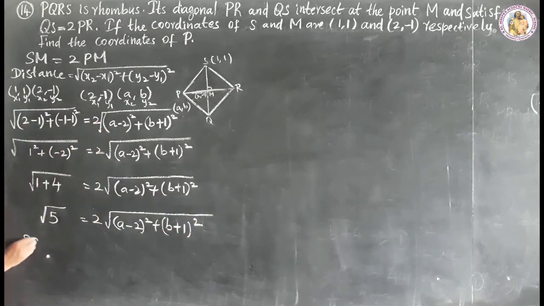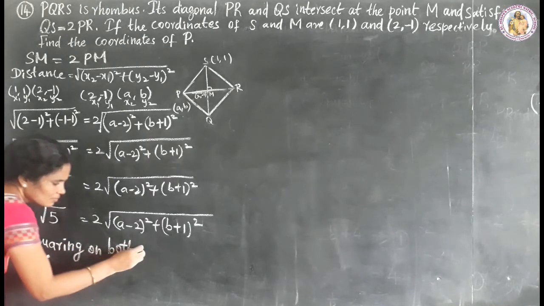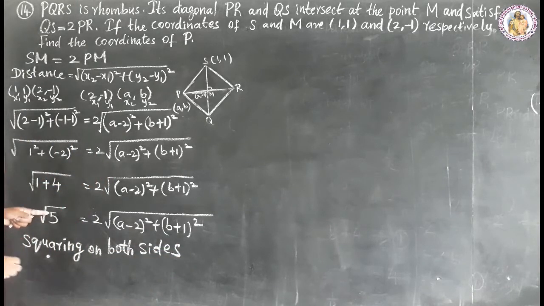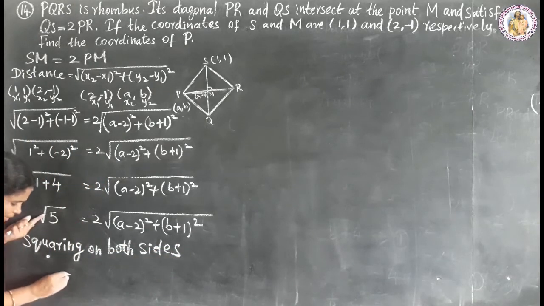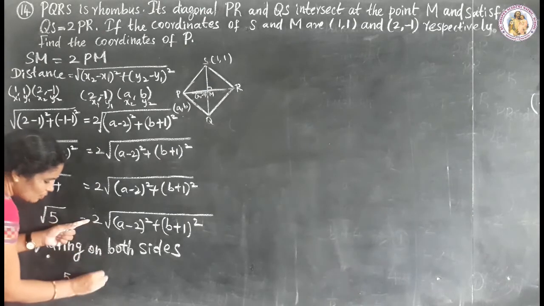And squaring on both sides, after squaring on both sides, root will be removed and we will be having 5 here. 2 into 2 is 4.